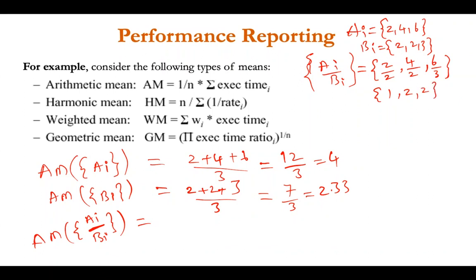If you calculate 1 plus 2 plus 2 divided by 3, it will give you 5 divided by 3, which is 1.66.